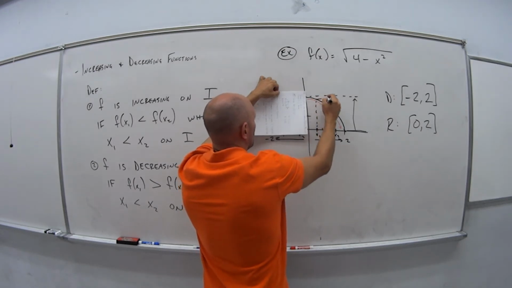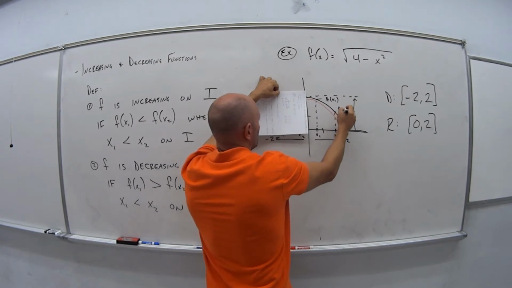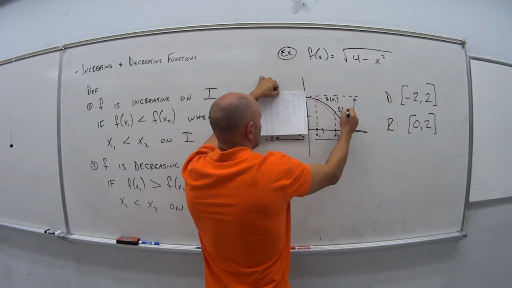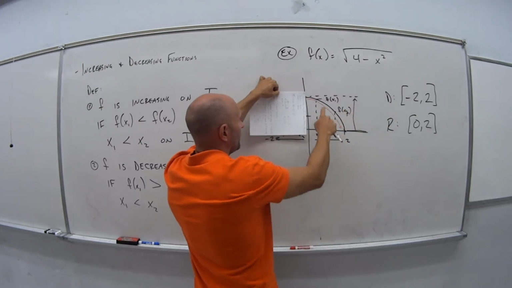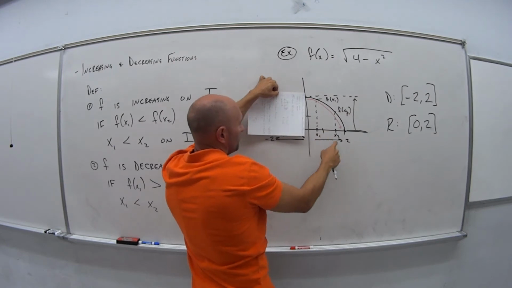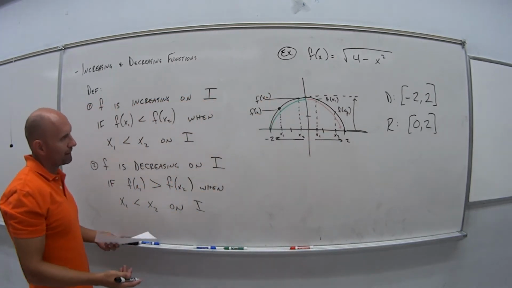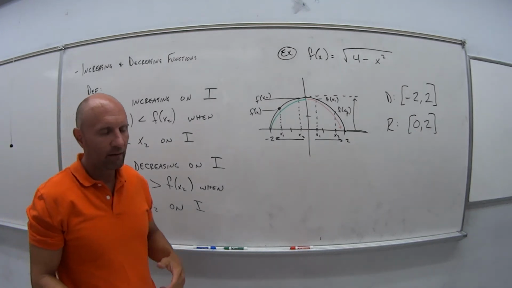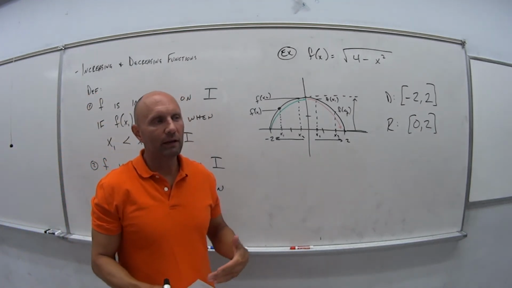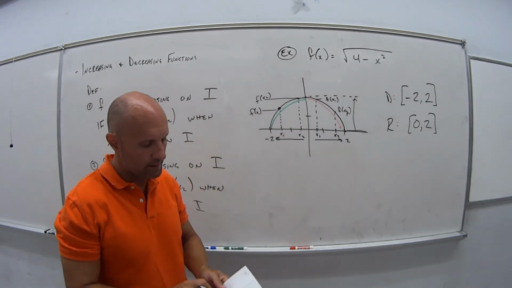So f of x1 is here, f of x2 is there. So f of x1 is bigger than f of x2, even though x1 is less than x2. But again, the idea behind it, if you don't get confused with all the wording, is: is it going uphill? Increasing. Is it going downhill? Decreasing.